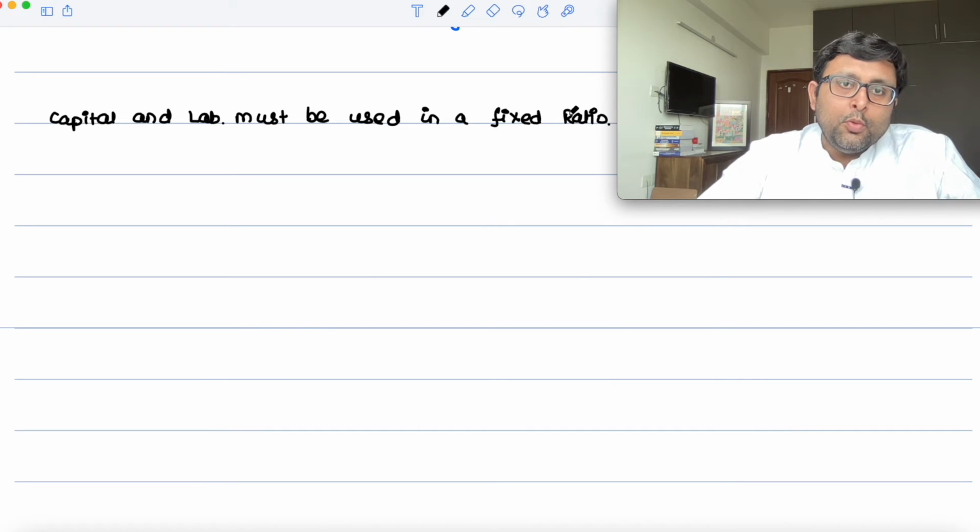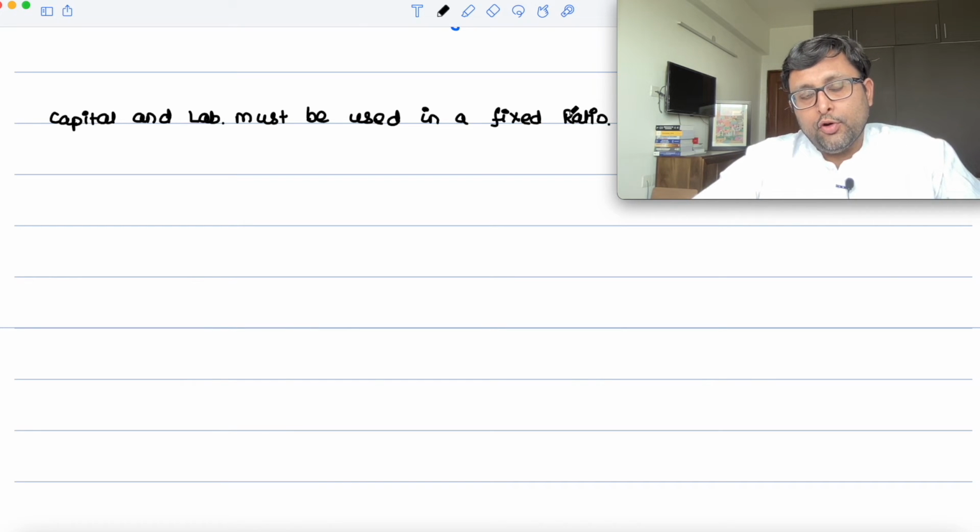So a firm which is characterized by this production function will always be operating at a vertex of the isoquant map, right? Will always be operating along a ray from the origin at which K by L ratio is constant.